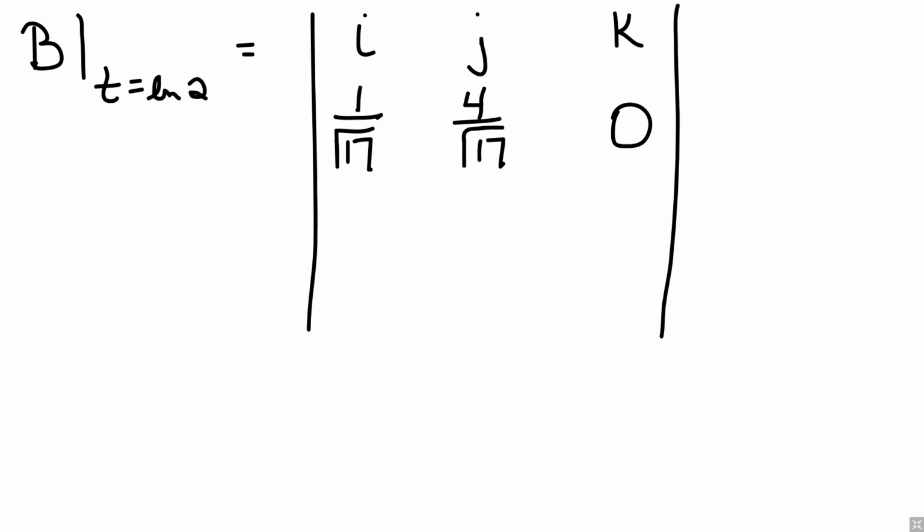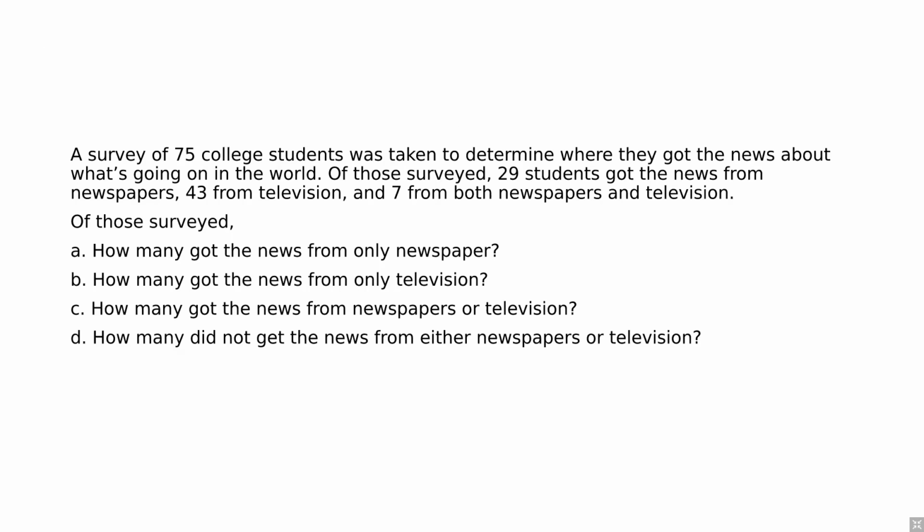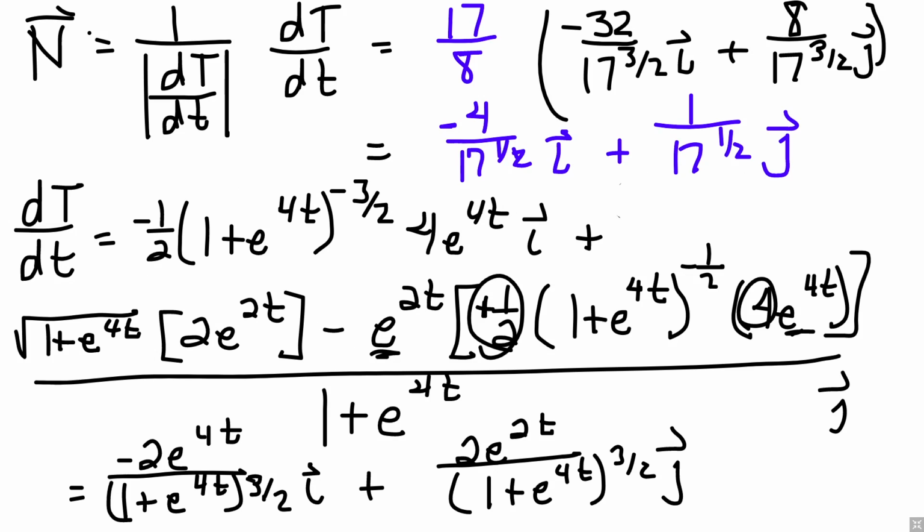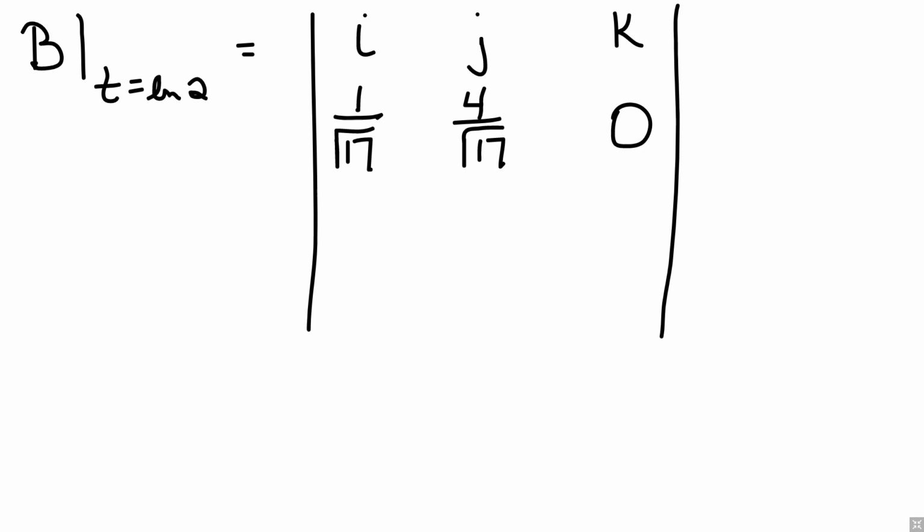And then for the normal, we found it to be negative 4 over the square root of 17, 1 over the square root of 17, and then 0. So if we start looking at this, for the I component, we're going to get 0.